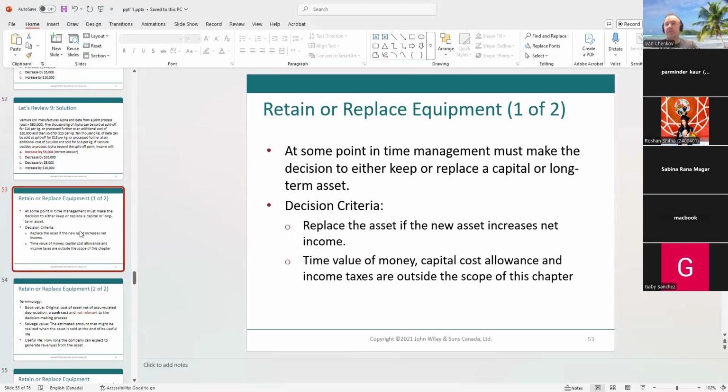At some point, we have to decide: should I keep this asset or should I replace it? At home, should I keep the old fridge or replace it with the new one? Should I keep the old dishwasher or replace it with the new one?